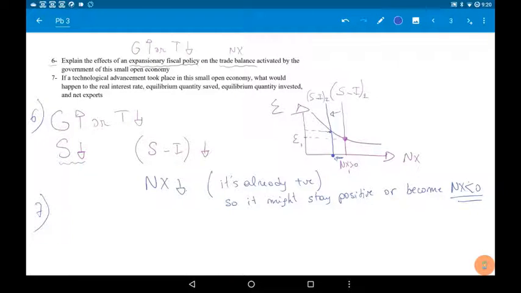Regarding question 7. If a technological advancement took place in the small economy, this means that private investments increase. What would happen to the real interest rate, equilibrium quantity saved, equilibrium quantity invested, and net exports?